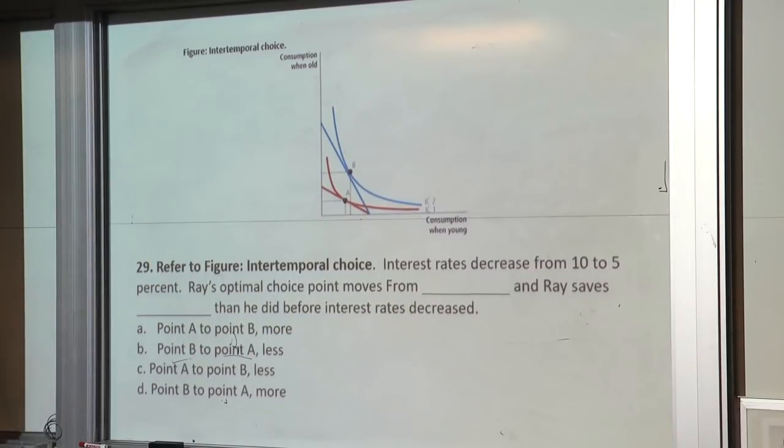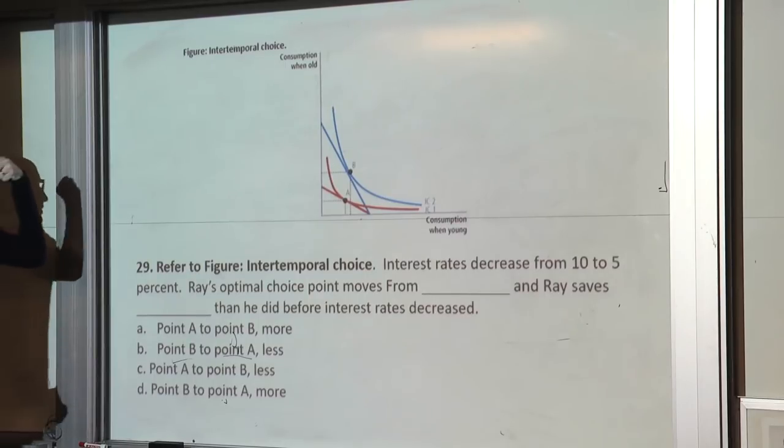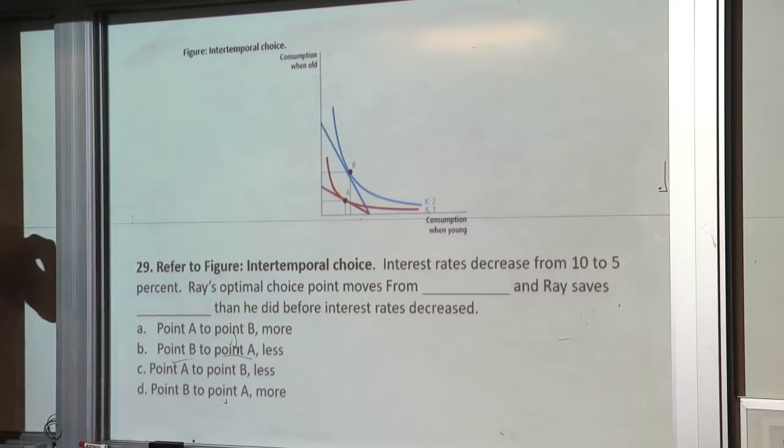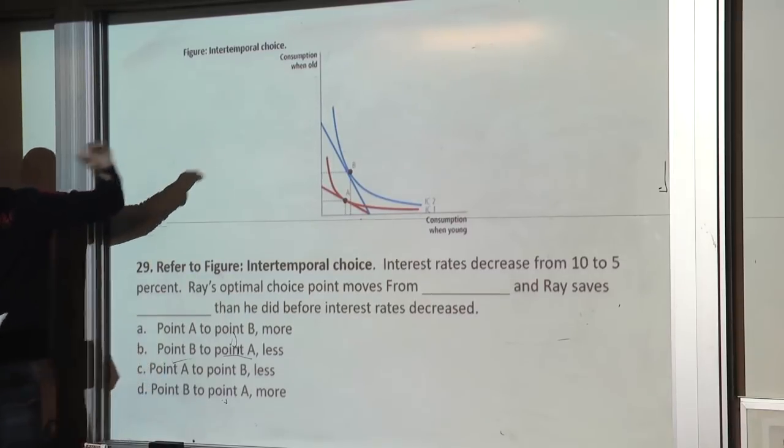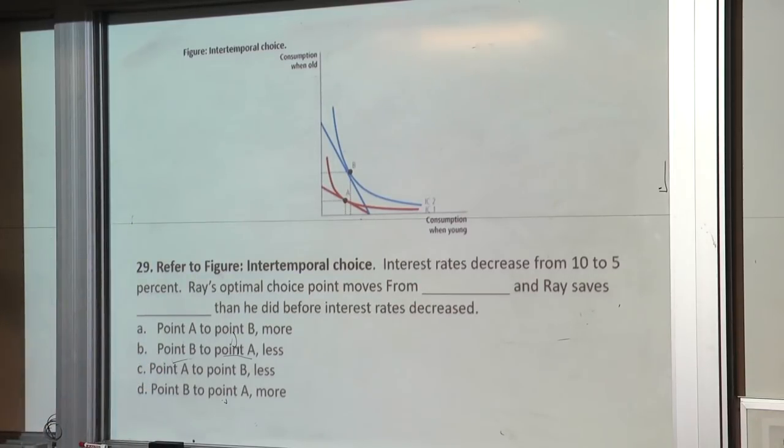The higher the interest rate, how expensive are products when I'm old relative to when I'm young, right? So if the interest rate increases, then consumption when I'm old becomes cheaper or more expensive relative to when I'm young. Becomes cheaper, right?